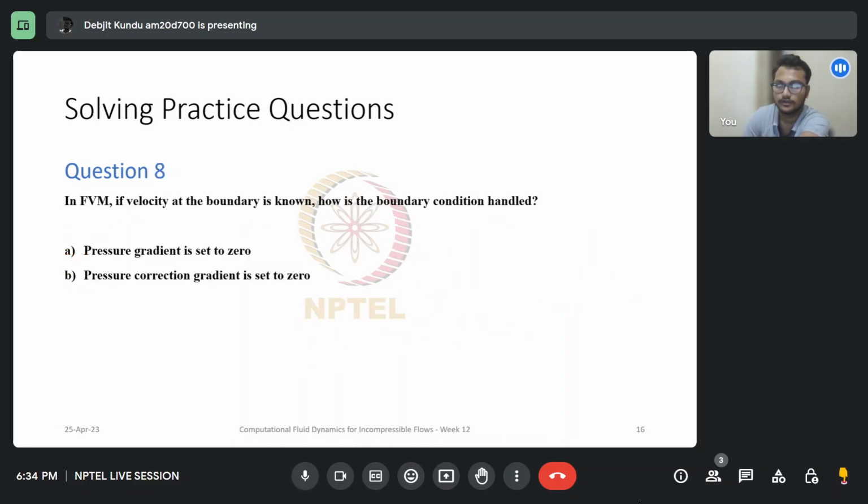We'll move on to question number 8 of today's session, which is asking us that in finite volume method, if velocity at the boundary is known, how is the boundary condition handled?